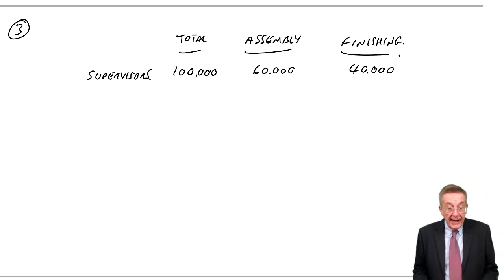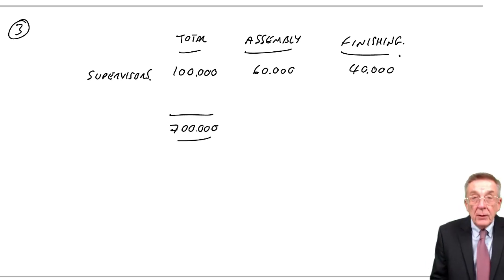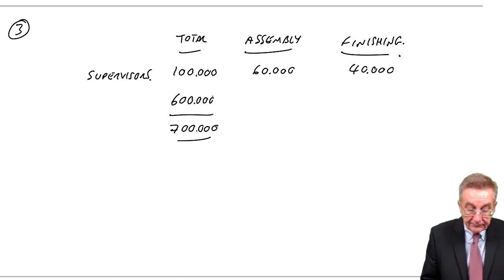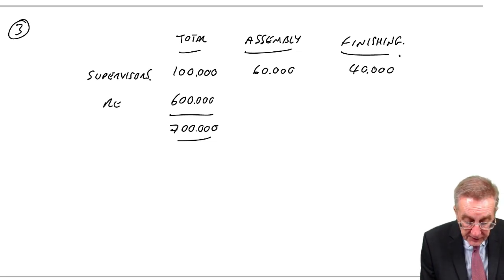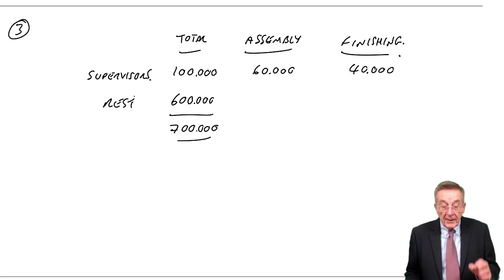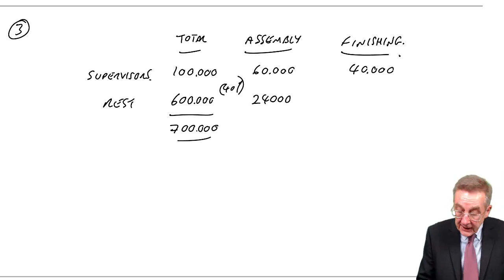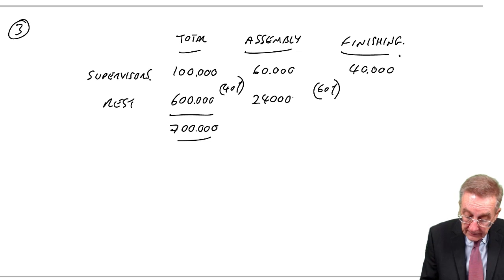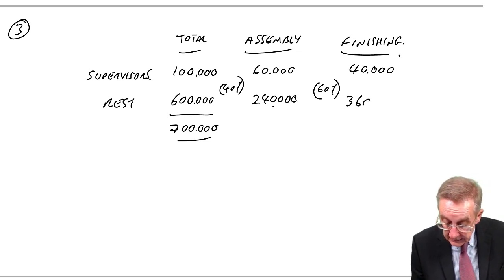The remaining overheads, well, how much is remaining? Remember, the total is 700,000. We've just dealt with 100, so there's 600,000 remaining. And it says the remaining overheads, the rest of them, for some reason we've decided to split them: 40% to assembly, which is 240,000, 60% to finishing, oops, I missed a zero, which is 360,000.